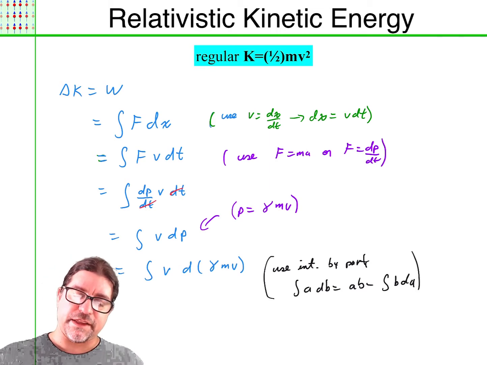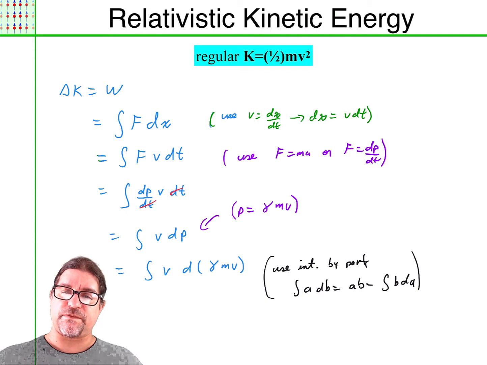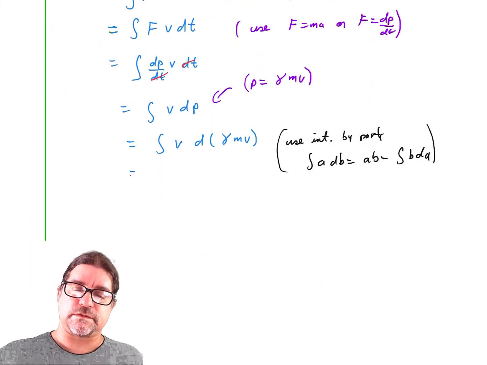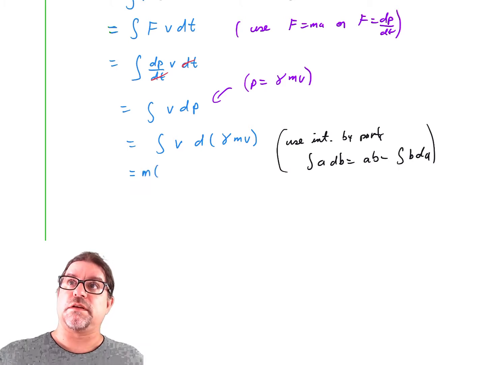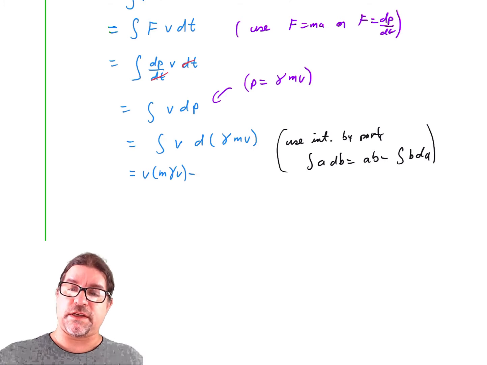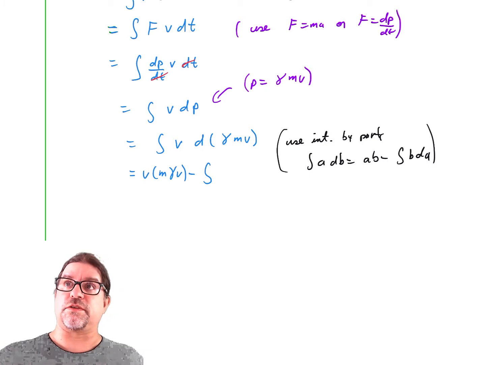And when we apply that to this, if I integrate that by parts, I get v times m gamma v minus the integral of, so then I'm going to do the integral of that with respect to that. That's sort of what happens when you do integration by parts.